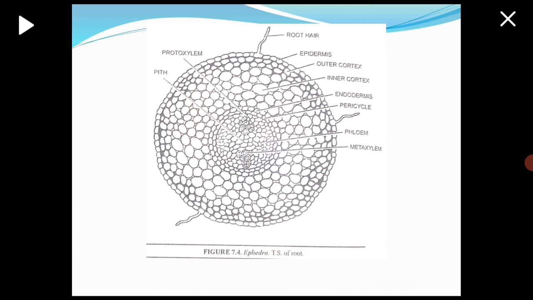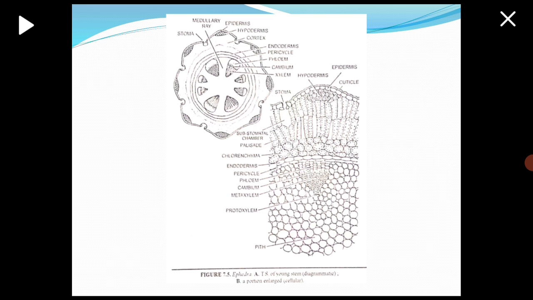Inner to the pericycle is the vascular cylinder. The vascular cylinder consists of a radial arrangement of xylem and phloem. The xylem is exarch and diarch. Sometimes it may be triarch.